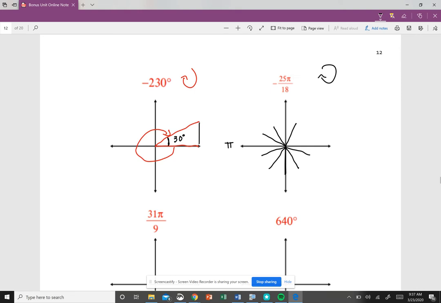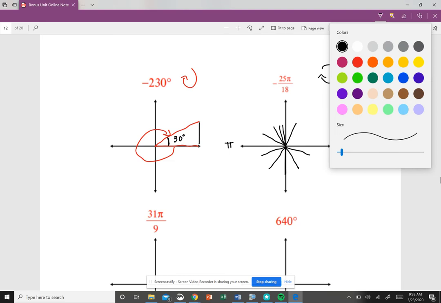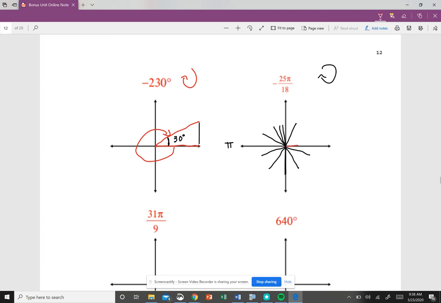This would be 21, 24, 27. So we want between 24 and 27. So we're going to split this into 3 more pieces. And then we find that our angle would be rotating from here to here. So it's this line here.